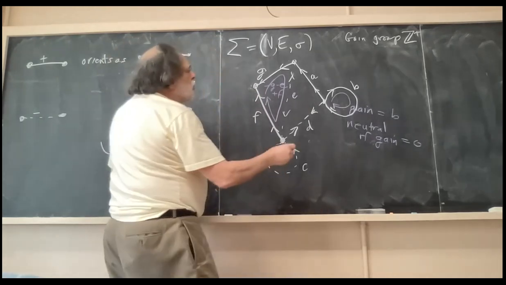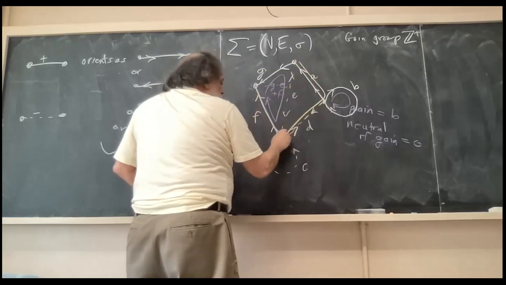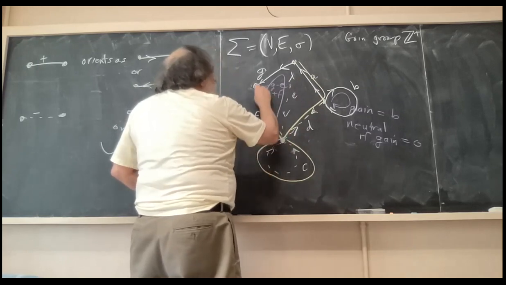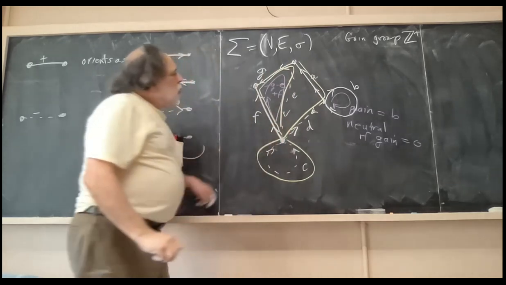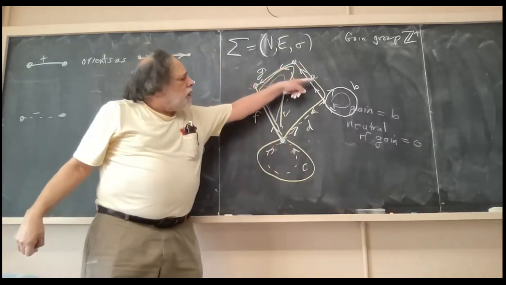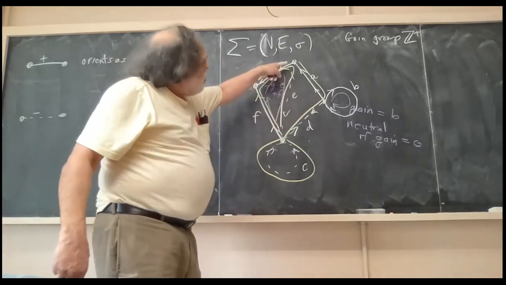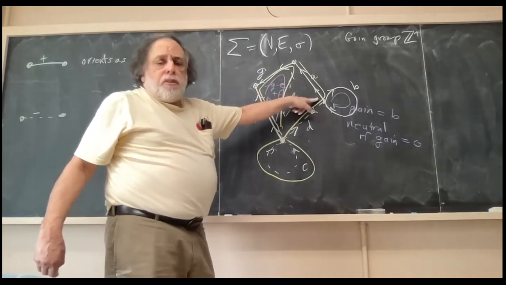Instead of a circle, we could take any kind of walk, like start here, walk down here, and then around here, and then up here, and then down here. And we would compute the gain of this walk according to the same rule I was using before. If I come down here, I'm taking minus A because I'm going against the direction of that positive edge.